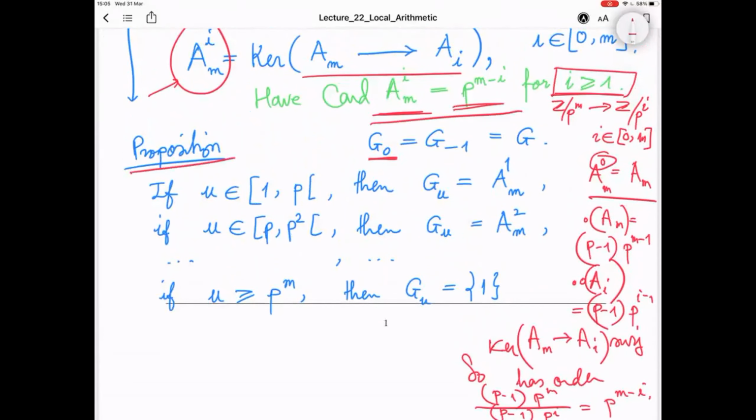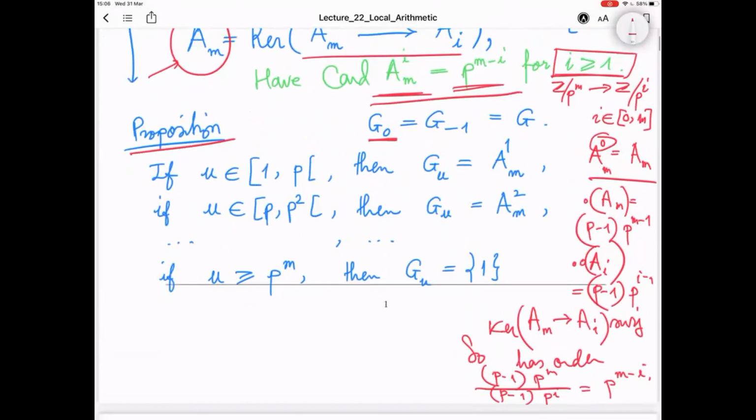Now the proposition says that in the upper numbering, of course, G^0 is equal to G^(-1), which is equal to G. G^(-1) is always equal to G. Why is G^0 equal to G^(-1) in this case?